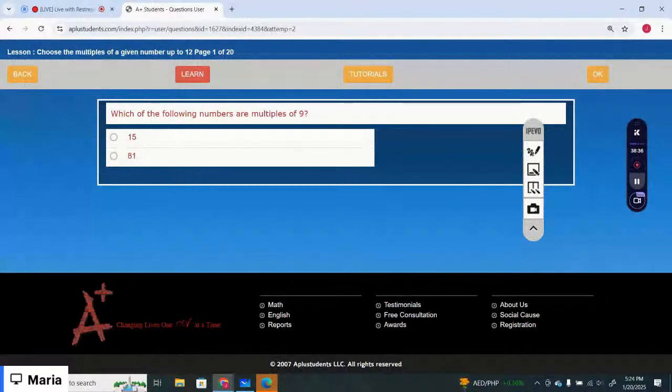Which of the following numbers are multiples of 9? That is 81. Option number 2 is the correct option.